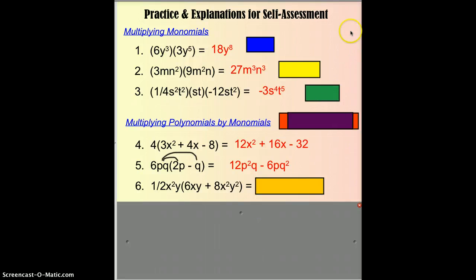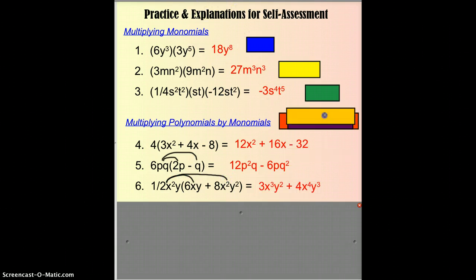And finally, number 6. 1/2 x squared times y times the quantity of 6xy plus 8x squared y squared. Pause the video here. So 1/2 x squared y times the first term and then 1/2 x squared y times the second term.